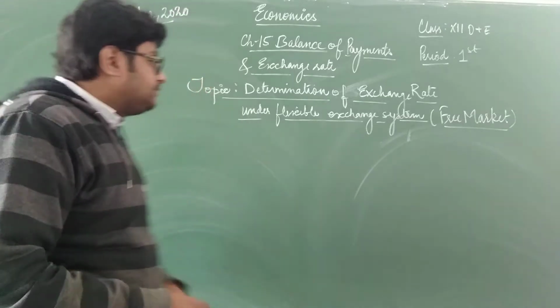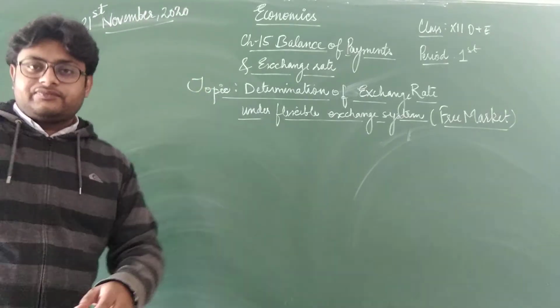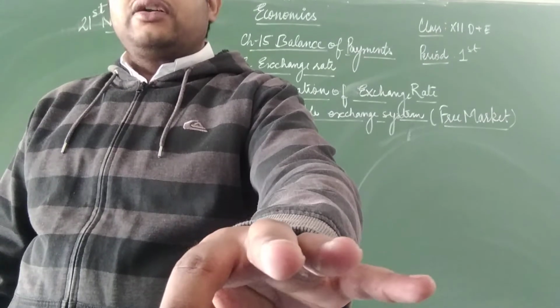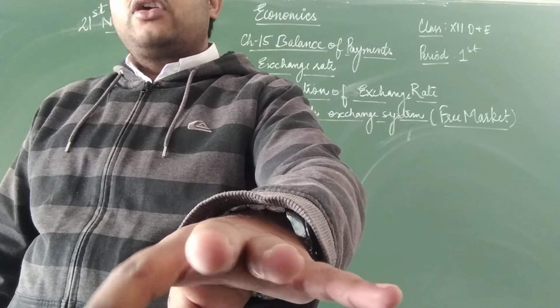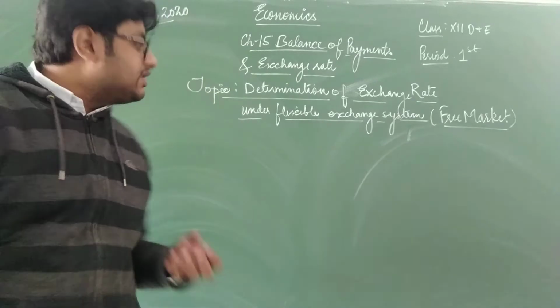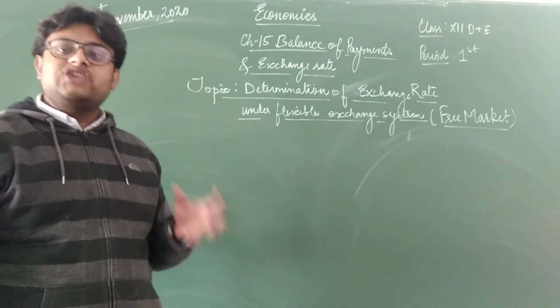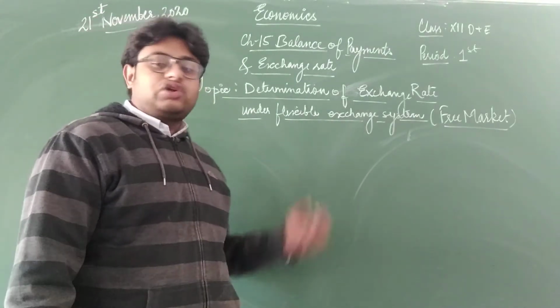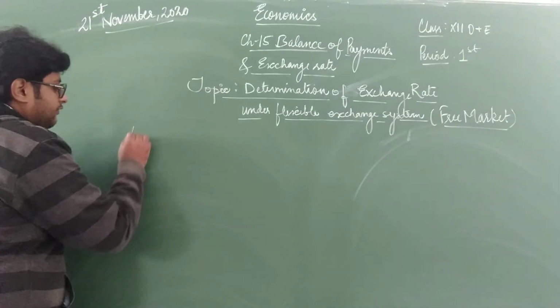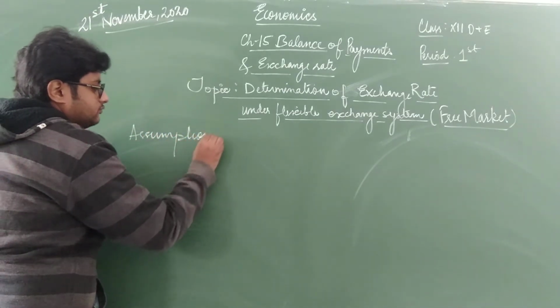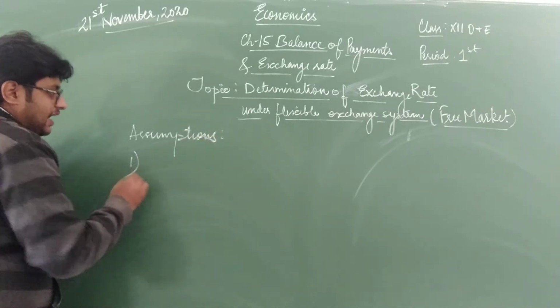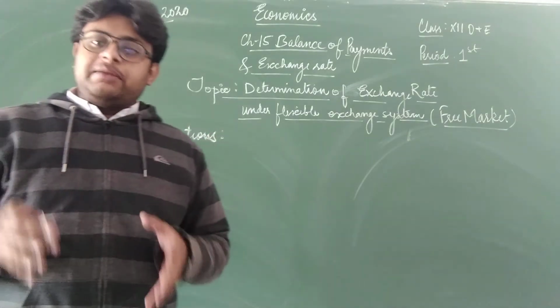Alright, first of all, we will see a few concepts that we have to study in relation to this topic. We will assume two or three things. First thing is that we are using a two country model.